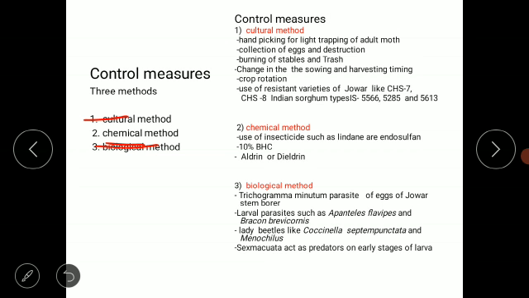We observe and select those animals. For example, the Hymenopteran Trichogramma minutum acts as an egg parasite. This Trichogramma minutum feeds on the eggs of the Jawar stem borer.